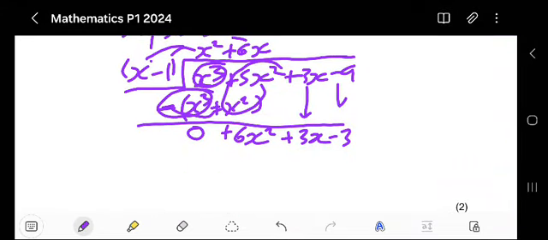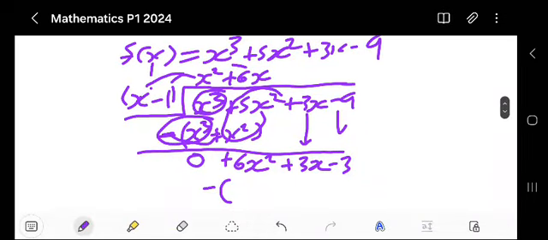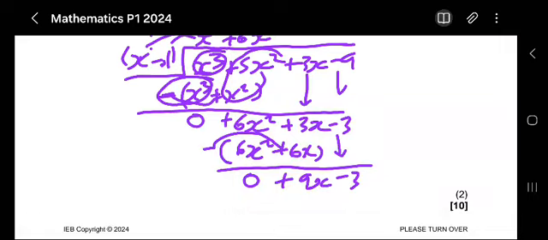Remember, you put your minus here, put the bracket, you multiply again. 6 multiplied by x will be 6x squared. 6 multiplied by -1 will be minus 6x. Then you draw your line. You add 6x squared minus 6x squared, which will be 0. You distribute that. Plus 6 plus 3 will be plus 9x. You bring that down. You repeat the process again.